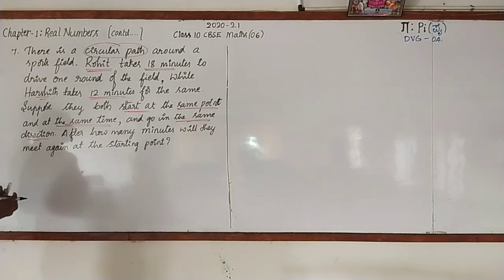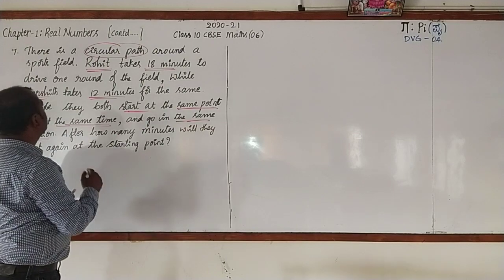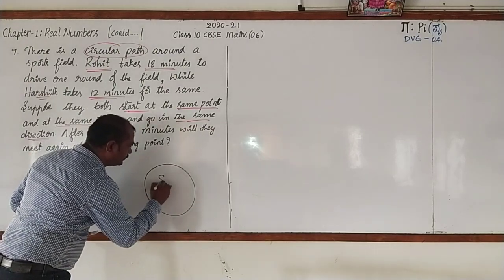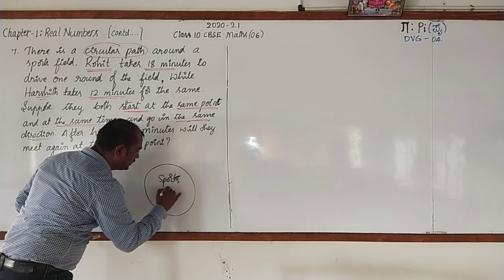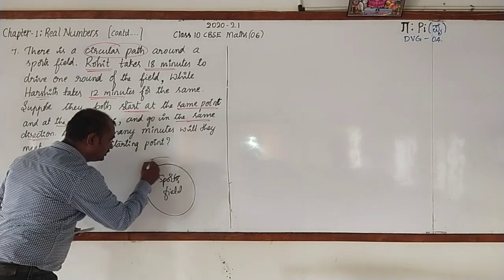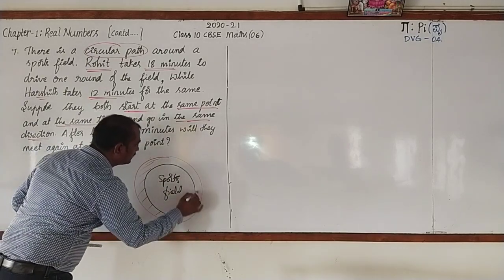Now I am going to tell the meaning of this whole statement. There is a circular path around a sports field. See that this is the sports field, and there is a circular path around it. This is the circular path.